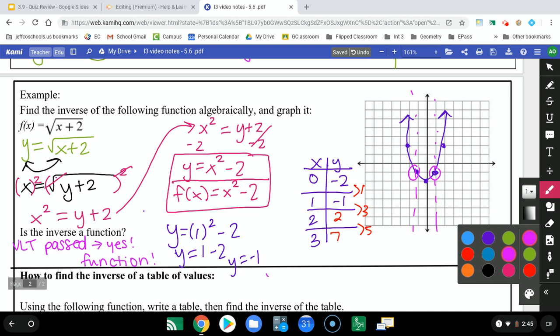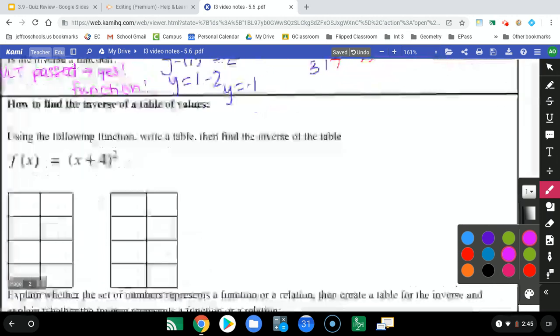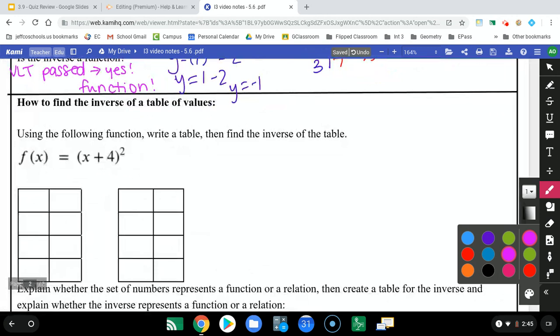Okay, our next one: how to find the inverses of a table of values. How you find the inverse is you just switch the x and y columns. So use the following function, write a table, then find the inverse of the table.